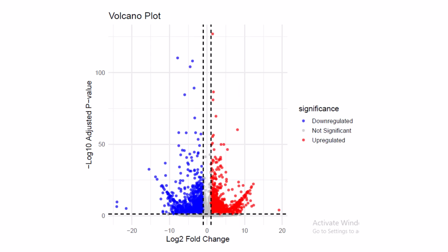The volcano plot summarizes all genes based on their fold change and statistical significance. The x-axis represents log2 fold change, where genes on the right are upregulated and those on the left are downregulated in the infected sample compared with the control ones. The y-axis represents the negative log10 adjusted p-values.